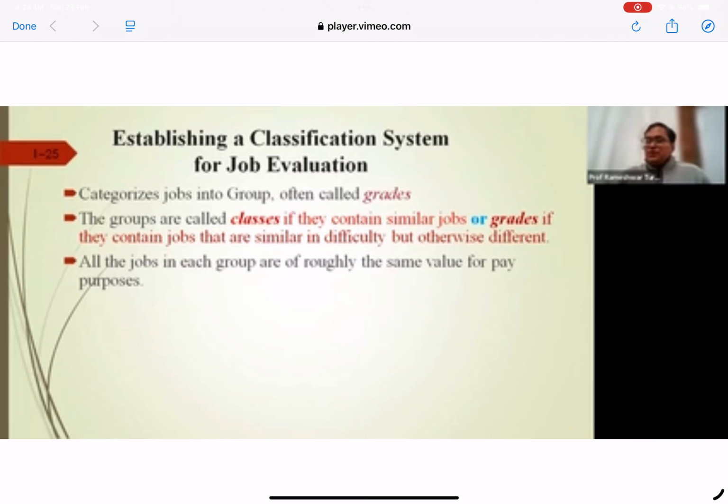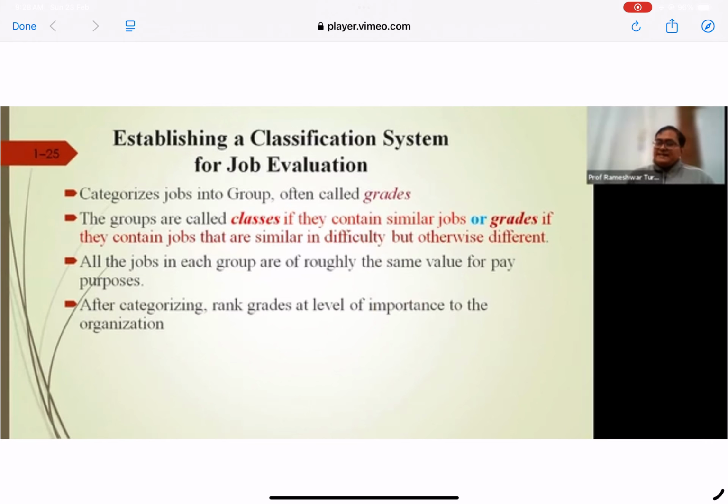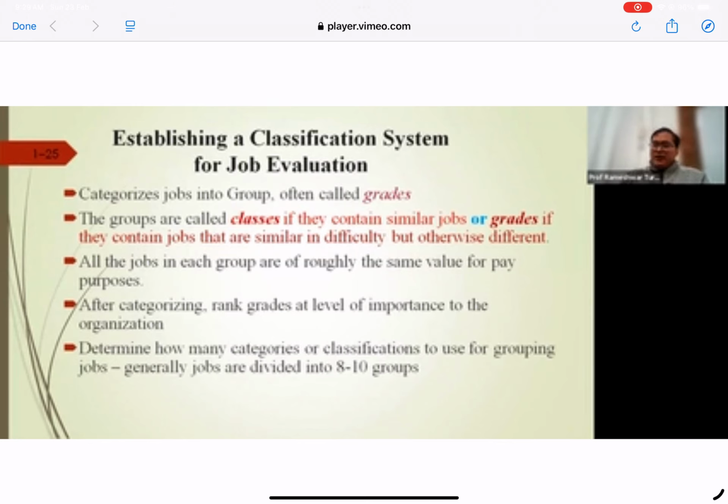All the jobs in each group are of roughly the same value for pay purposes. After categorizing, they rank the grades depending on their importance to the organization, and then determine how many categories to use for grouping jobs.